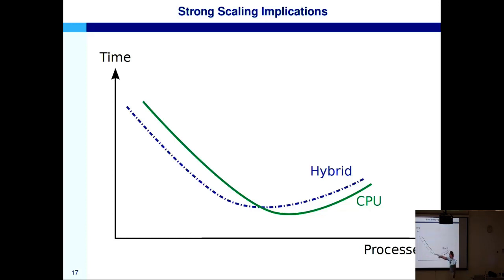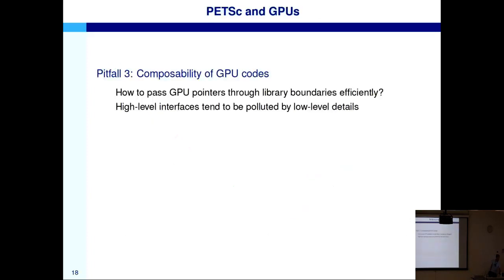So even though you might need more processes to get your strong scale minimum time to solution, because you might need, say, 16 MPI ranks instead of just one that feeds the GPU, it's very likely that you end up with a smaller total time to solution.